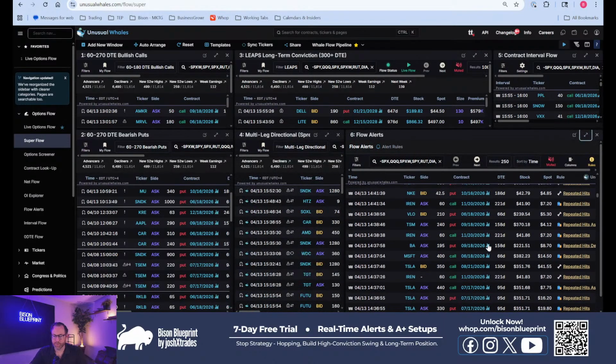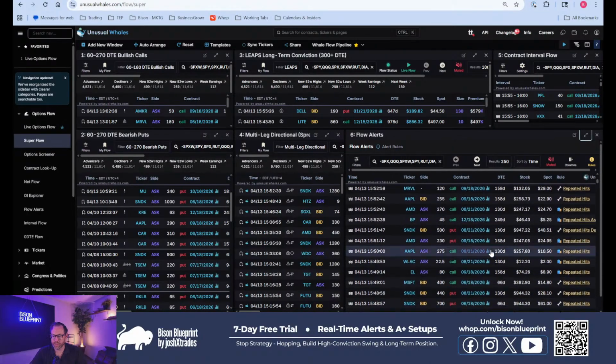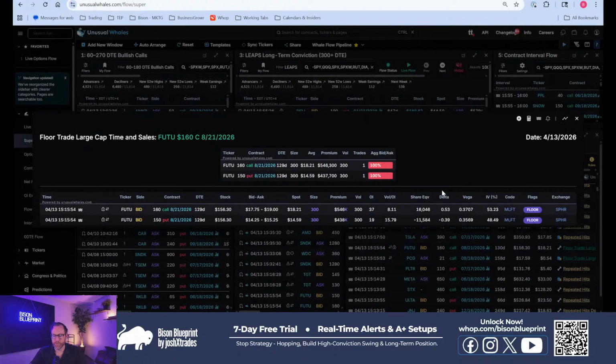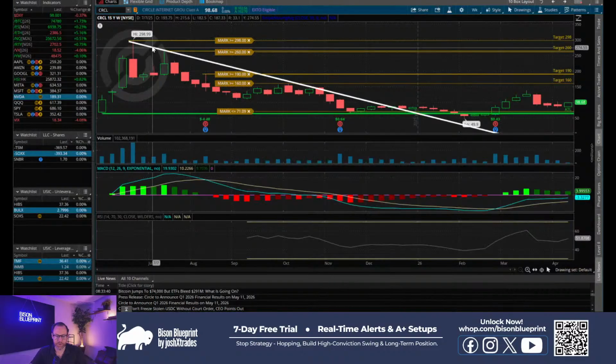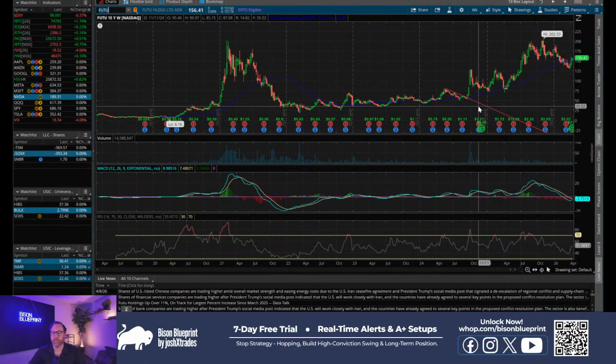And then some of the flow alerts. Let's see if we have anything here that really sticks out to us. We've got floor trade large cap on Futu. This is bearish. Let's check out what this is. So Chinese listed companies.